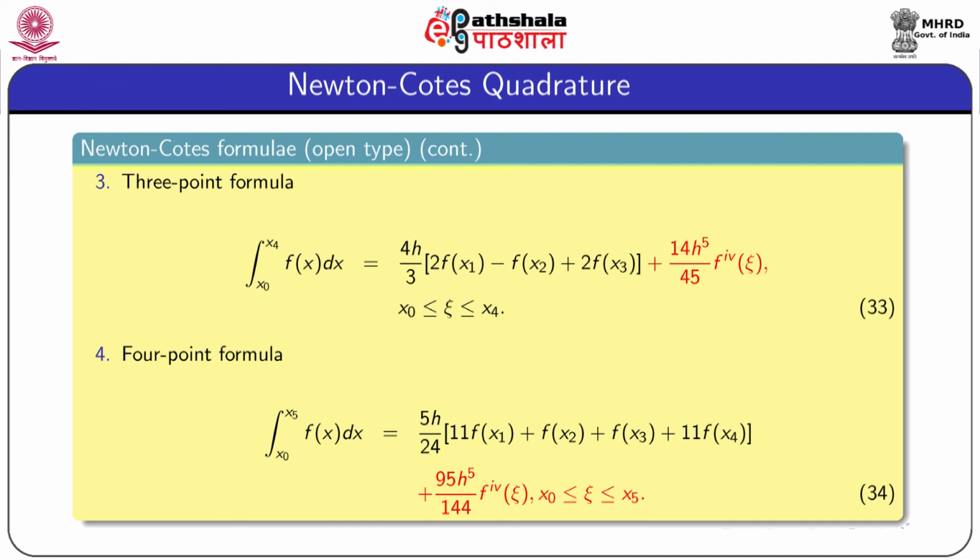So these are the 4 Newton-Cotes open type quadrature formulas. In this module, the general Newton-Cotes quadrature formula is derived, and for particular values of n, that means for n equal to 1, 2, 3, 4, we derive different Newton-Cotes quadrature formulas known as the trapezoidal formula, Simpson 1/3 formula, Simpson 3/8 formula, Boole's formula, Weddle's formula, and many others.